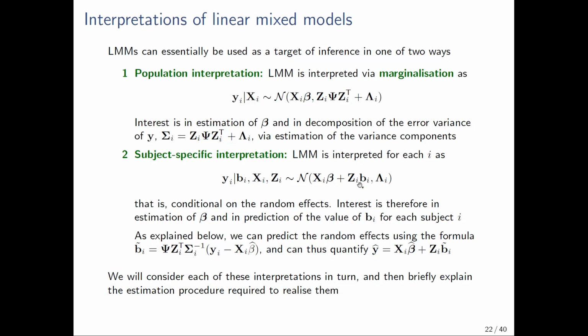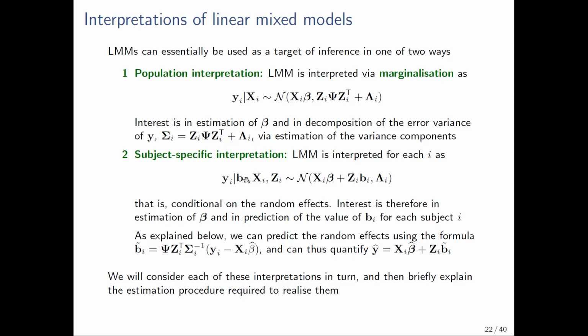Notice the difference in the two means. In the subject-specific interpretation, the mean is no longer just x_i beta. It's x_i beta plus the random effect part, and we're adding that random effect component because we're conditioning on it, as you can see here.